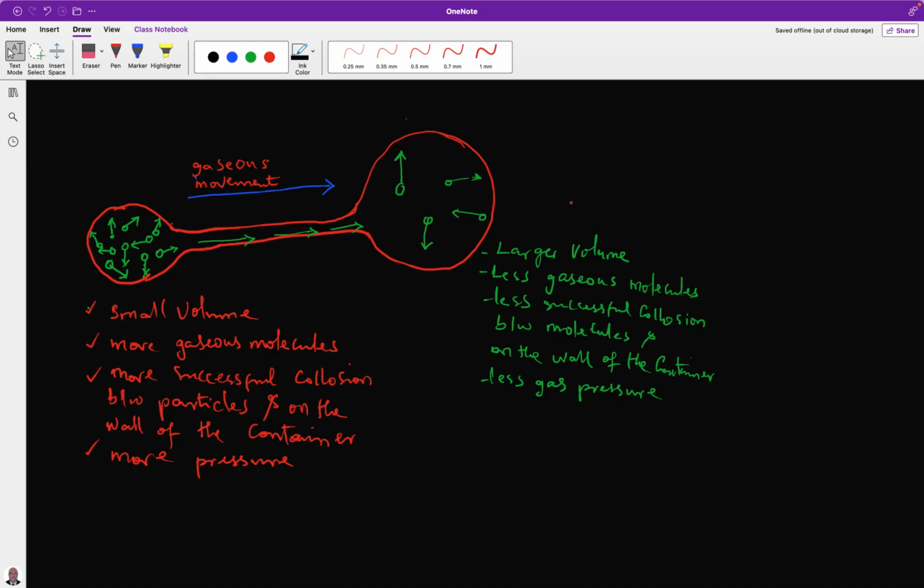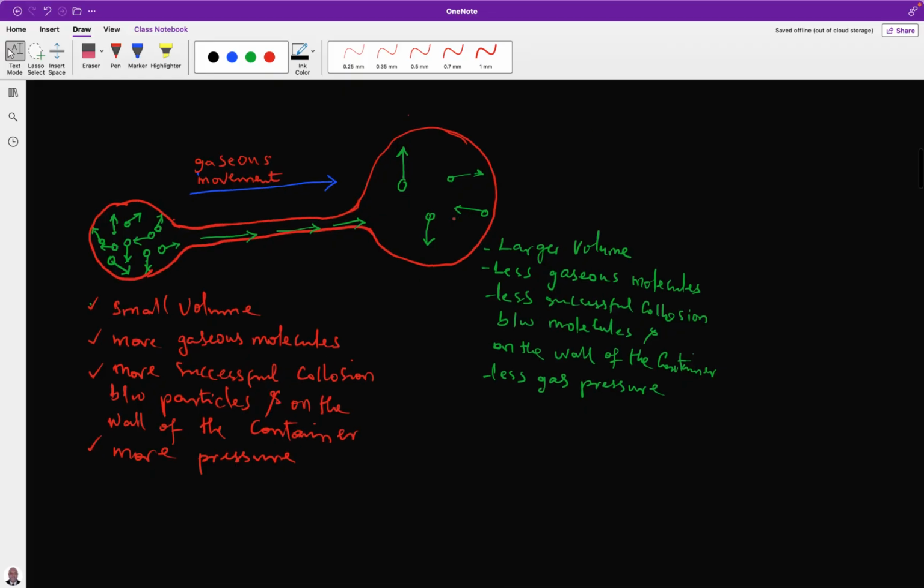In that case, the equilibrium will shift from the reactant to the product, favoring the production of more ammonia. This is just an illustration.